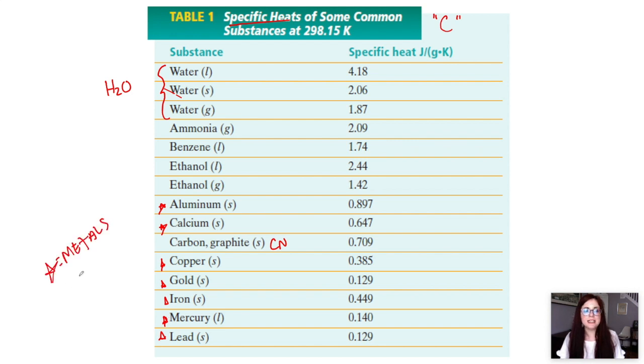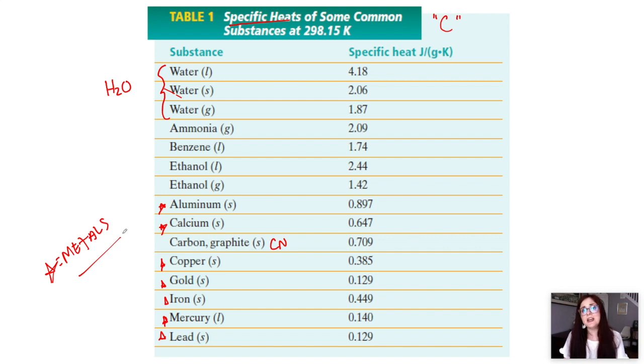Why do these have such low specific heats? Because these have metallic bonds, and metallic bonds are characterized by that delocalized sea of electrons, which conduct electricity and heat. Because your metals have that delocalized sea of electrons, they're constantly moving throughout the system.